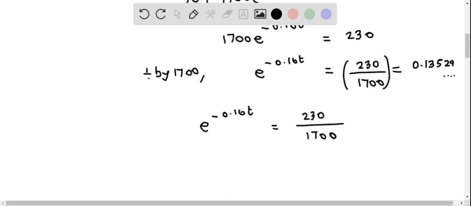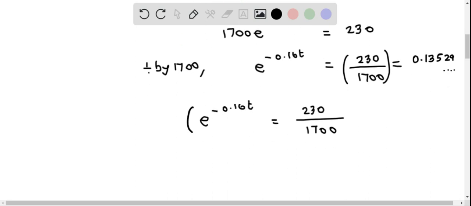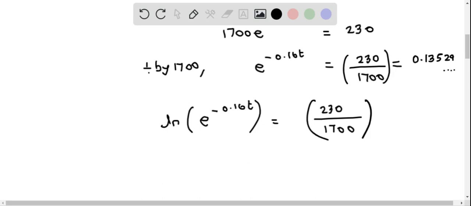Now let me apply the natural logarithm on both sides. So I apply it like this, natural logarithm, as well as for this quantity. Now when we apply the properties of natural logarithm, using the power rule, this power comes in front.